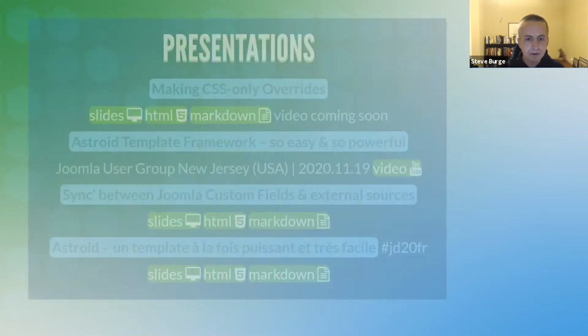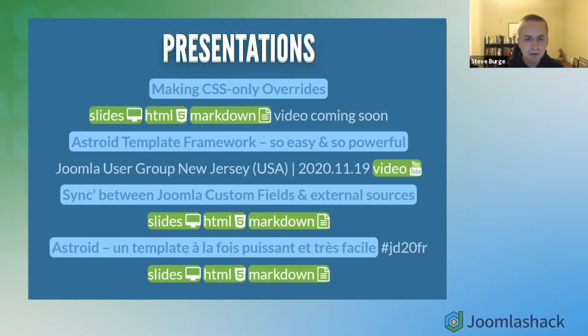Marc is talking about how you can much more efficiently create overrides and alternate layouts for your Joomla sites. It used to be that an override was a complex task of finding the right file, moving it to your template, modifying it, and going through all sorts of different hoops.